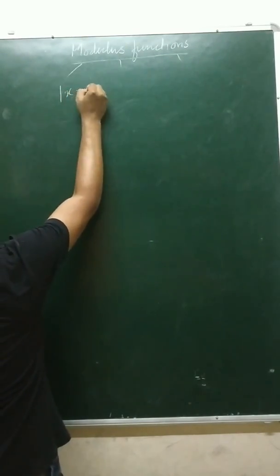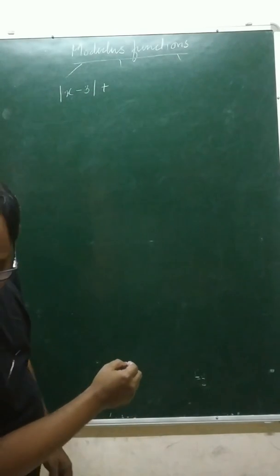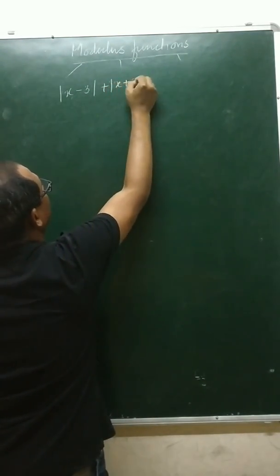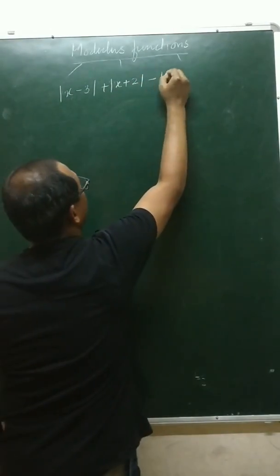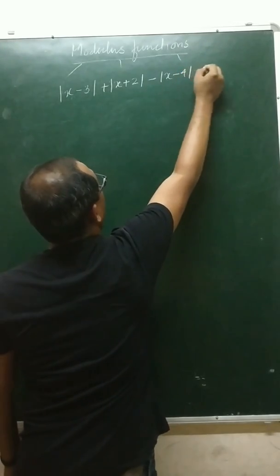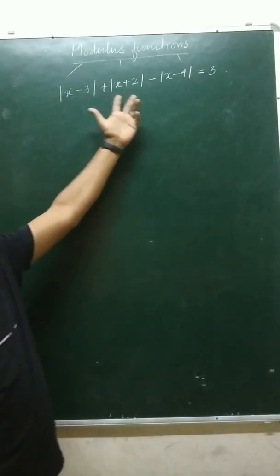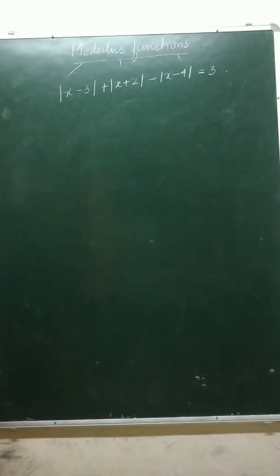Modulus of x minus 3 plus modulus of x plus 2 minus modulus of x minus 4 is equal to 3. I am taking three absolute value functions, sum or difference of 3.